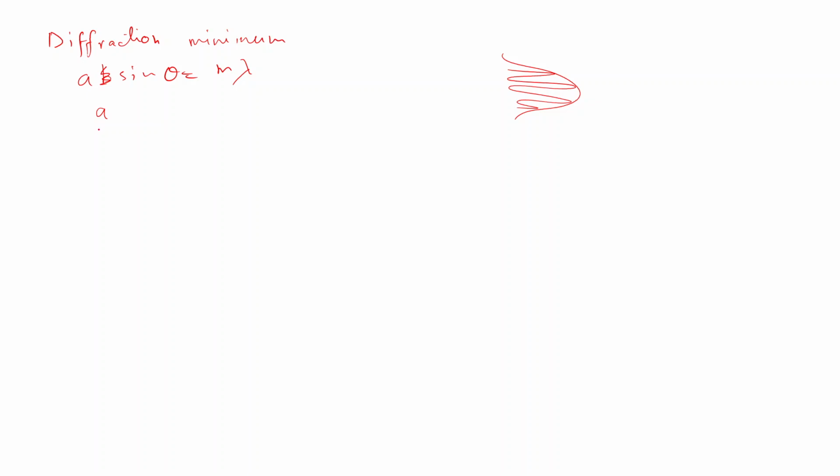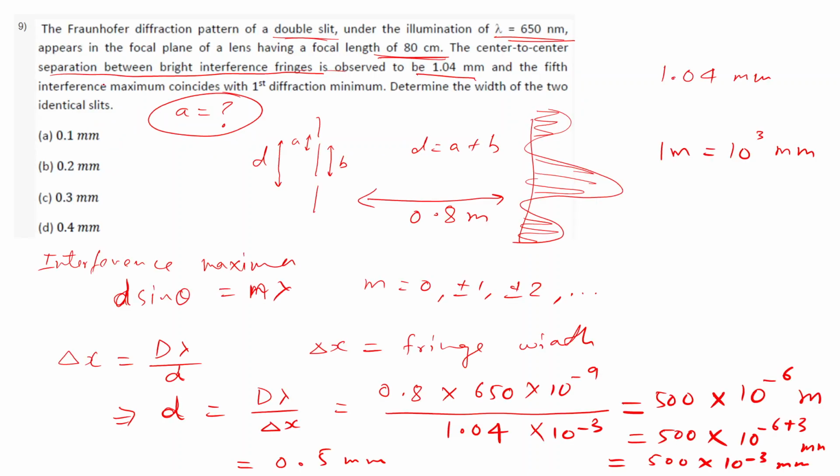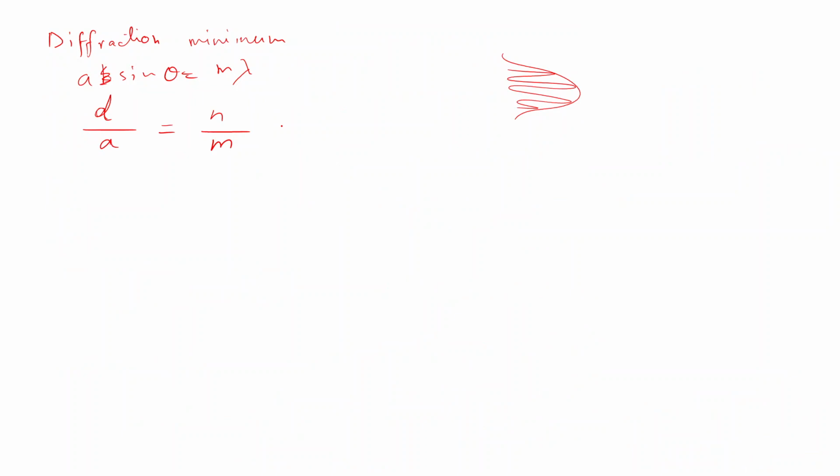In that case, when we take the ratio, like in this case it was D by A, so it will be N by M. Now since it was given that the fifth interference maxima coincides with the first diffraction minima, so with first diffraction minima, fifth bright, that means this is 5.